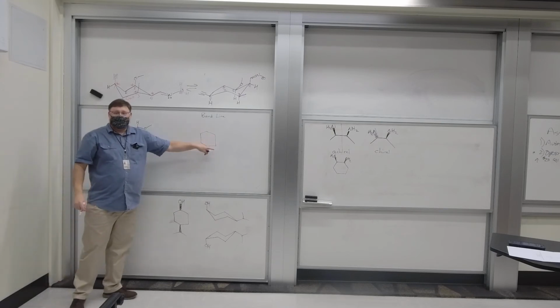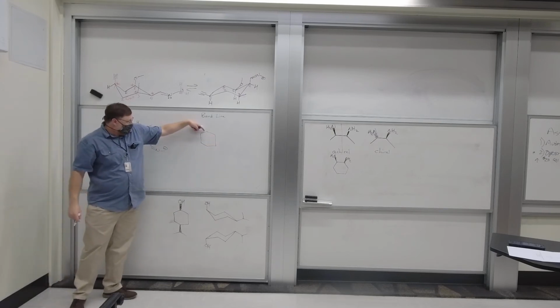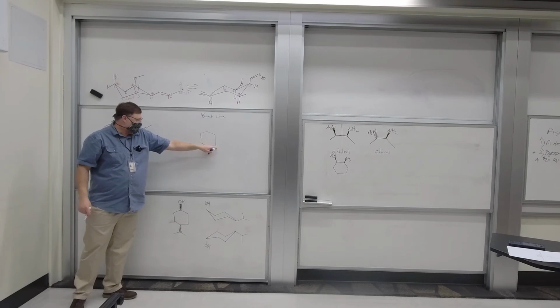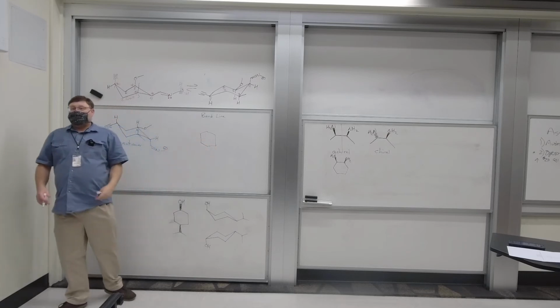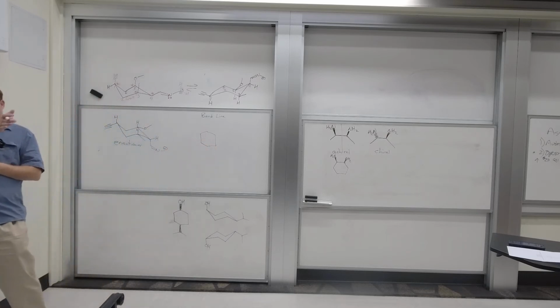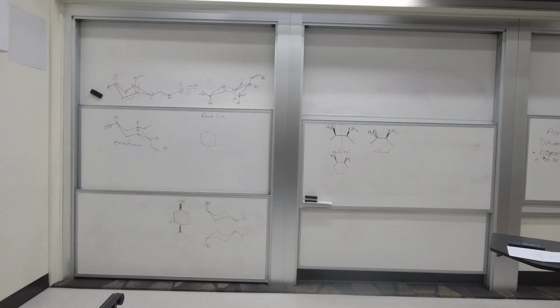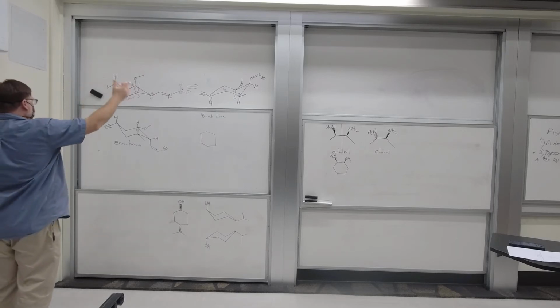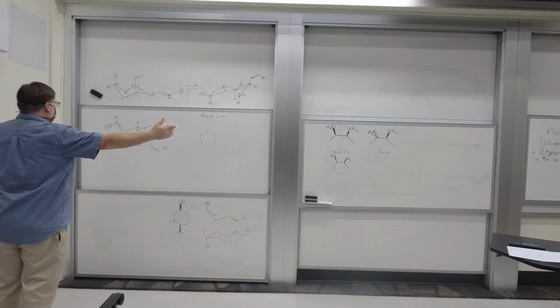It could be any one of these bonds, right? I could be looking here, and this is 2 and 3. I could be looking here, and this is 2 and 3. I can also decide, is it 2 and 3 or 2 and 3? If I do that, though, then things move around. So as I'm looking here at 2 and 3, 1 is on the left, 4 is on the right.